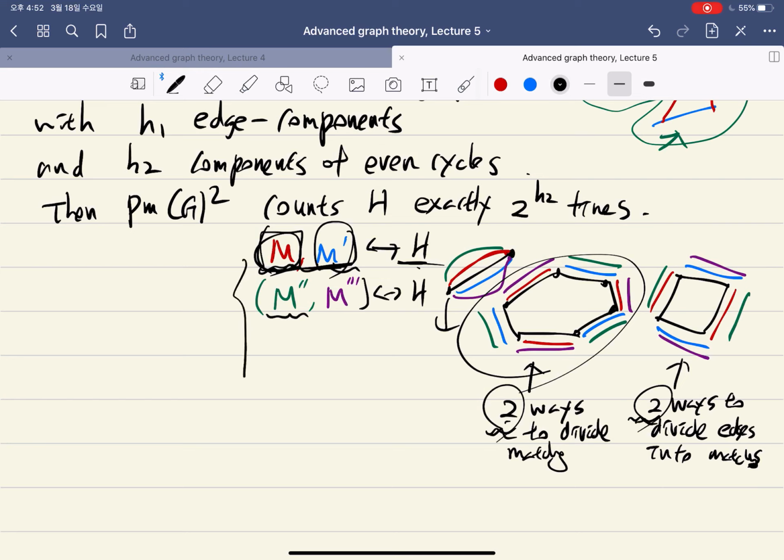So there are 4 ordered pairs of matchings which give the same H. So that's exactly 2^{H_2} different ordered pairs which give you H.